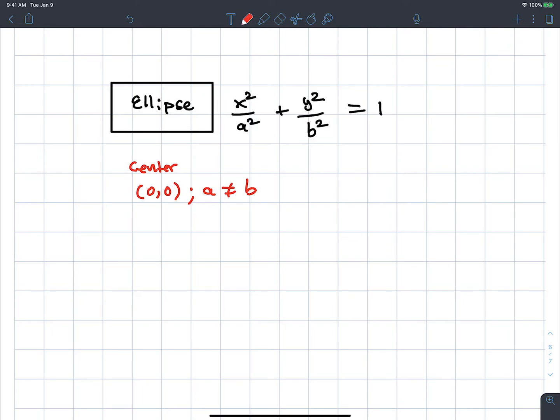I'm going to try to see if I can email that, but let's email that to myself. I wish there was a way I could drop it into my iPad. I'm going to call this Ellipse.